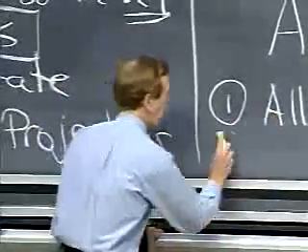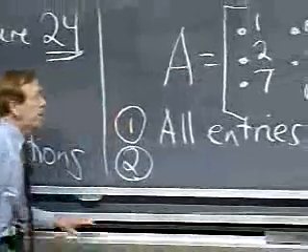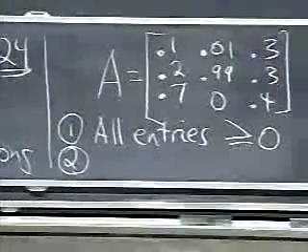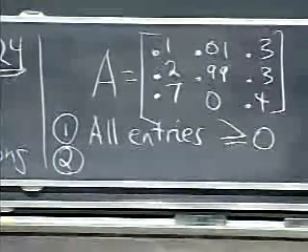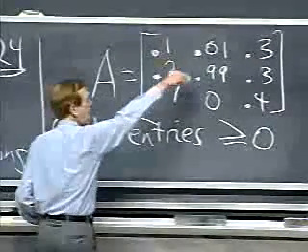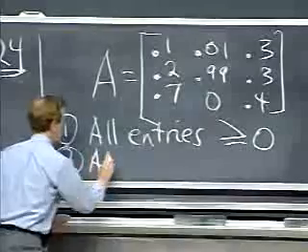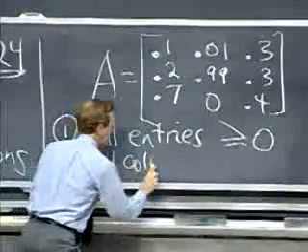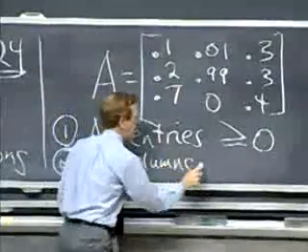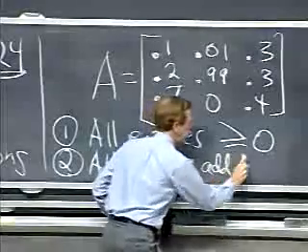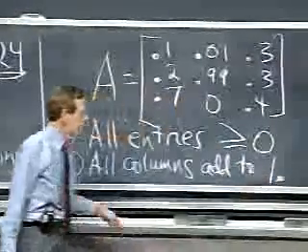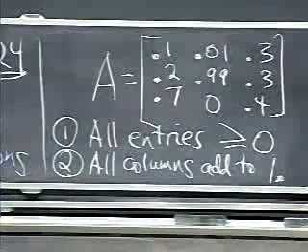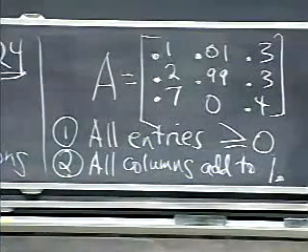The other property, do you see it in there? If I add down the columns, what answer do I get? 1. So all columns add to 1. And when I square the matrix, that will be true again.